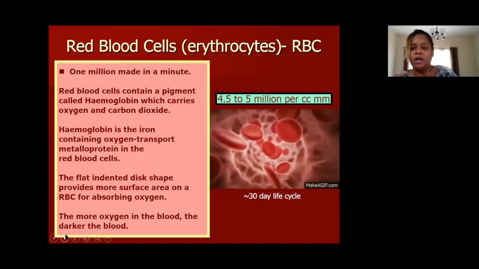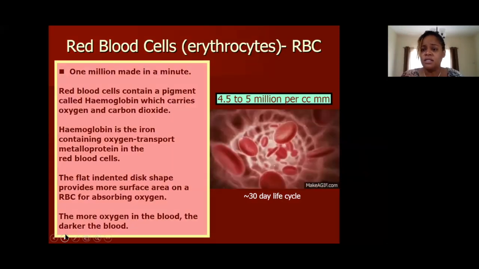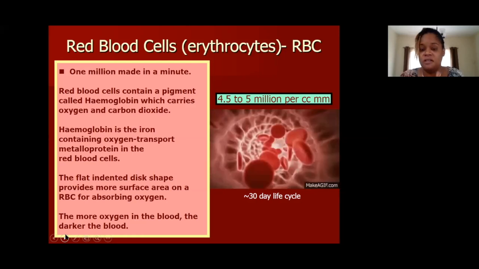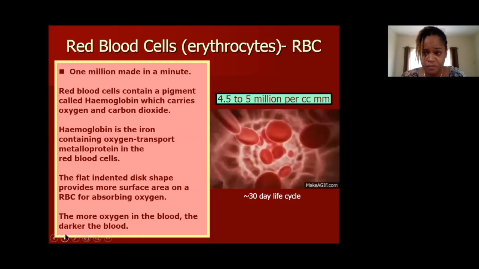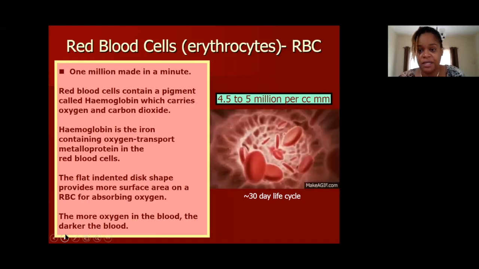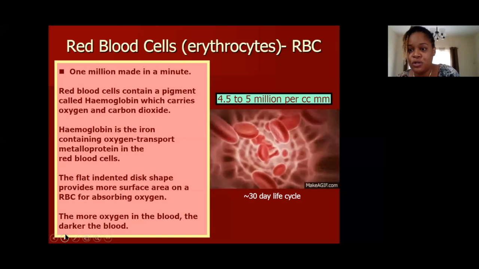Now, oxygen doesn't just attach to red blood cells and just circulate the body. Oxygen has to be transported to all cells of the body. Because remember, the cells of your body need oxygen in order to undergo cellular respiration.